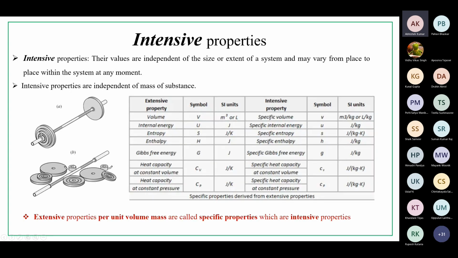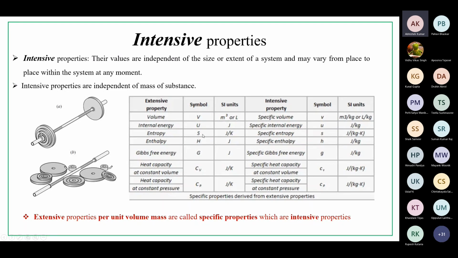Even this is the example we are giving. This is the whole mass. When we are dividing it into different parts, its mass is changing. Here, whatever the extensive properties and whatever the intensive properties, all are summarized here. You can read it. Now, a specific extensive property becomes an intensive property.